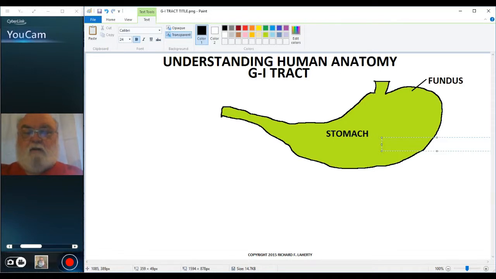The major part of the stomach is the body, and where it narrows down to join the duodenum, this part of the stomach is called the pylorus.